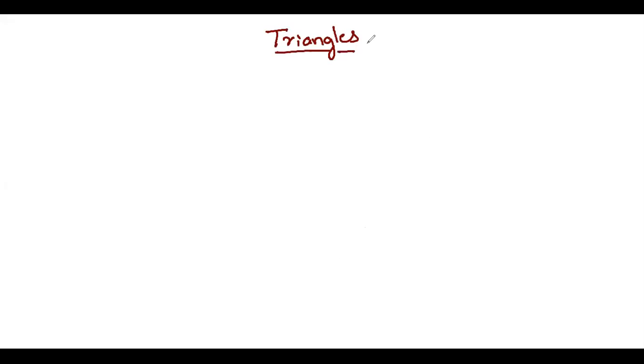Before going into the further part, I will tell you something called scale factor. So what is scale factor? I will repeat the definition. Two polygons of the same number of sides are similar if their corresponding angles are equal and their corresponding sides are in the same ratio.